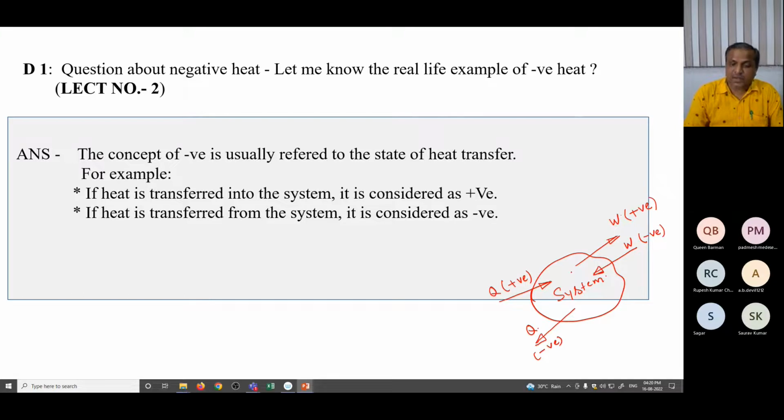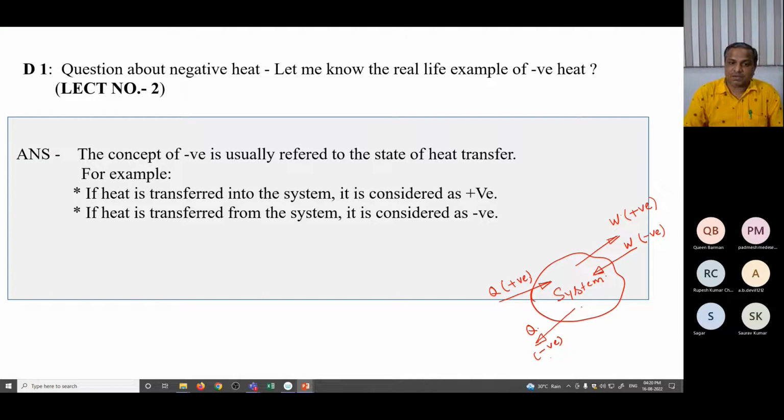These two sign conventions have to be taken into account while considering heat and work together. For outward situations, work transfer is positive and heat transfer is negative. For inward situations, work transfer is negative and heat transfer is positive.